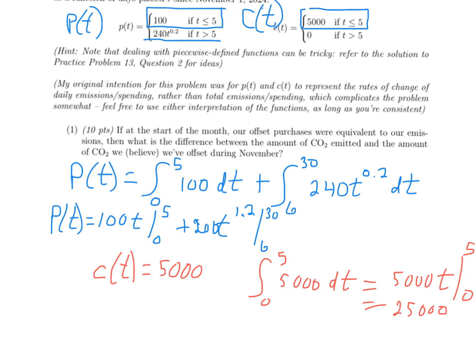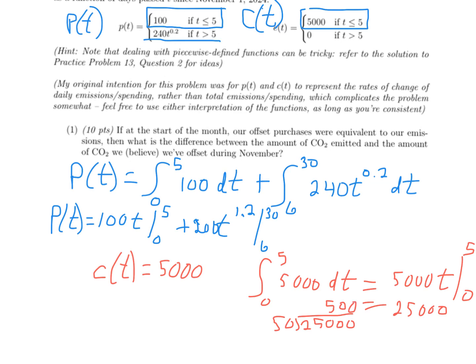And so that's how much money we've spent offsetting. And for each $50 we spend, that's offsetting 1 ton, right? And so how many 50s go into that? 500.